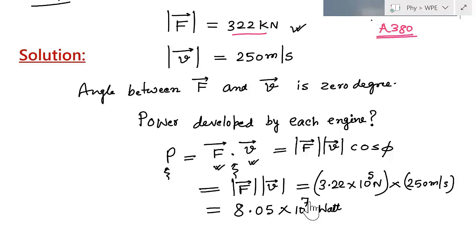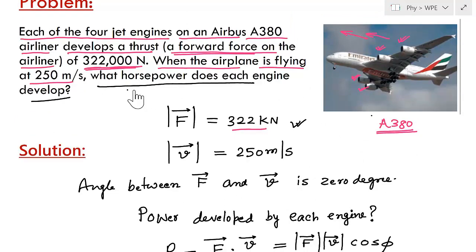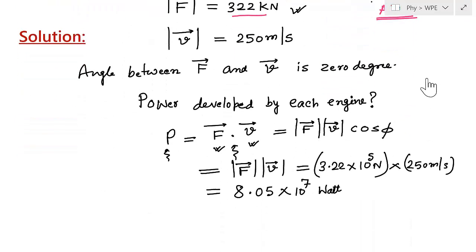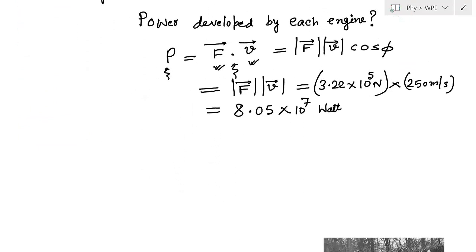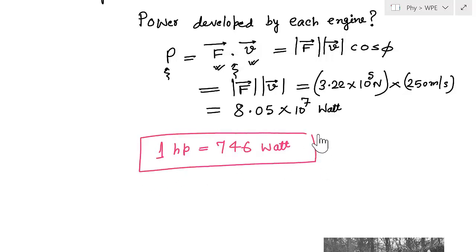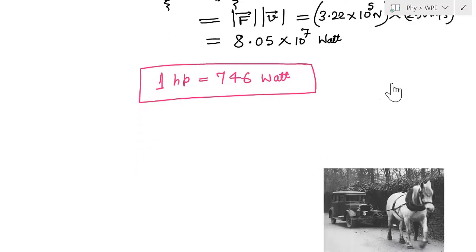Now the question says you have to calculate the power in horsepower. So you see what horsepower each engine generates or develops. You may remember 1 horsepower is equal to 746 watt. So now I can use this conversion factor, that is 1 horsepower is equal to 746 watt, and find the power in horsepower.